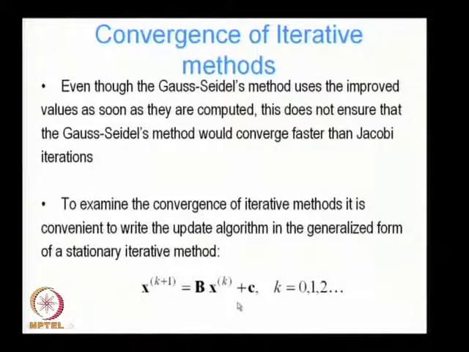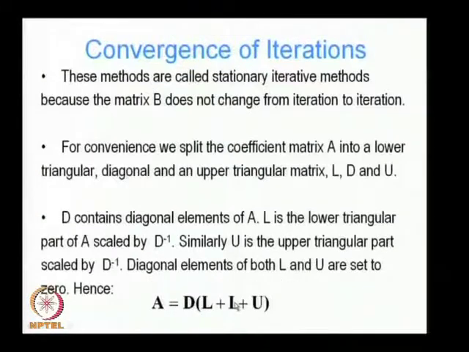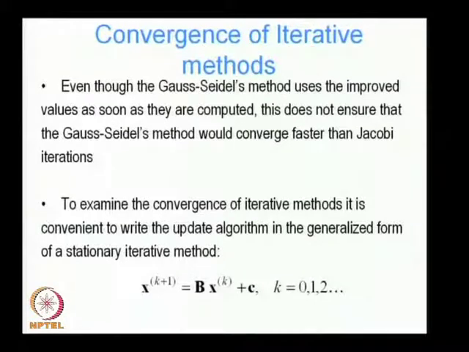All of these iterative methods, Jacobi, Gauss-Seidel, fit into this general form. We shall show how they exactly fit into it. And why are these methods called stationary iterative methods? Because the matrix B does not change from iteration to iteration. That is why it is called a stationary iterative method.